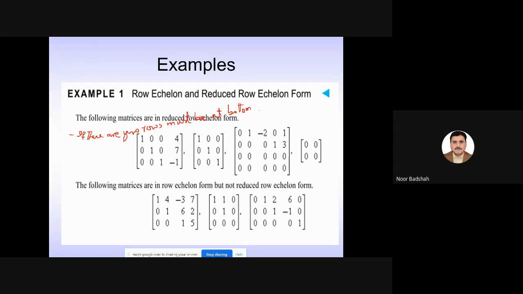If you are having 2, they will be the last 2, and so on. Then the pivot of each row. Pivot is what? The first non-zero entry of each row. The pivot must lie to the right. Okay, these two conditions are for echelon form.